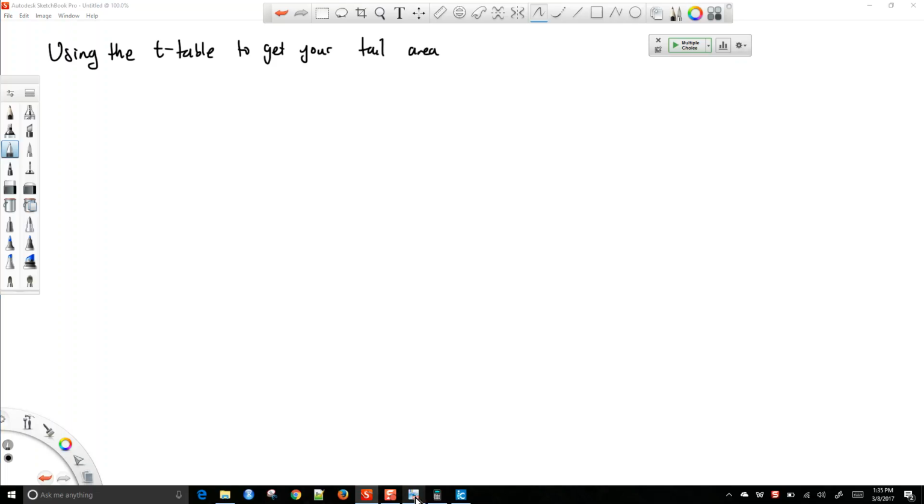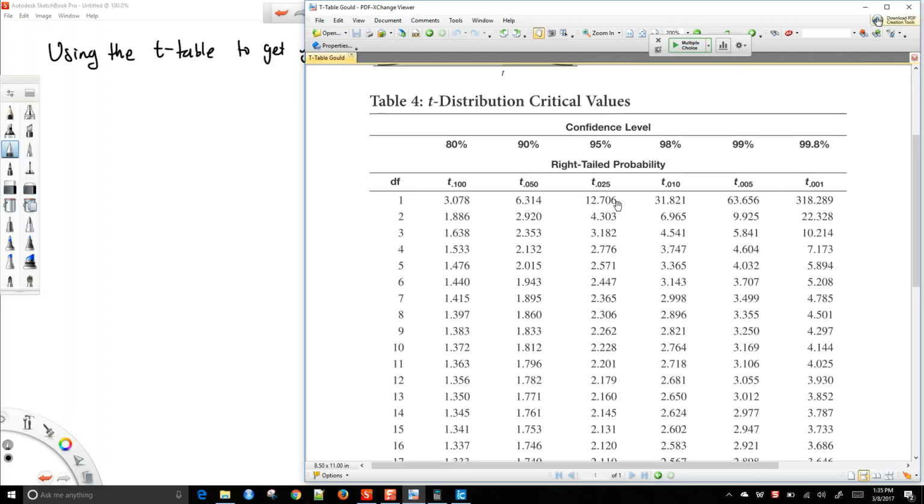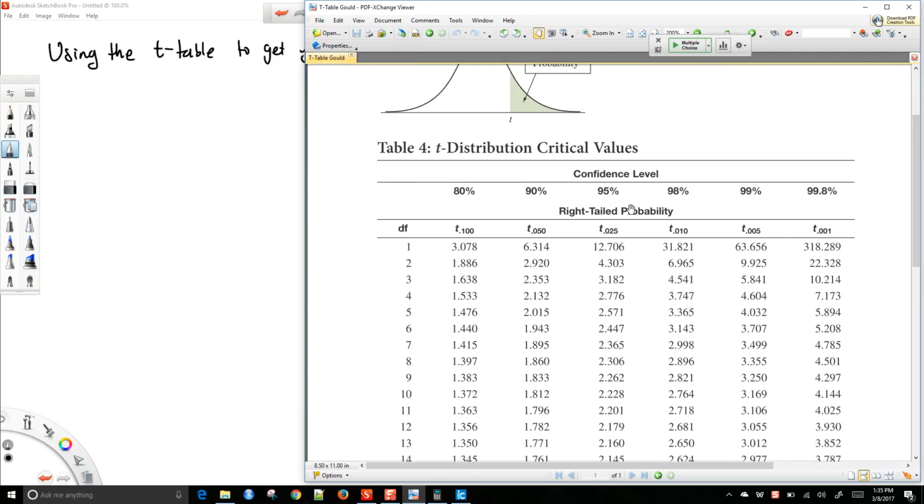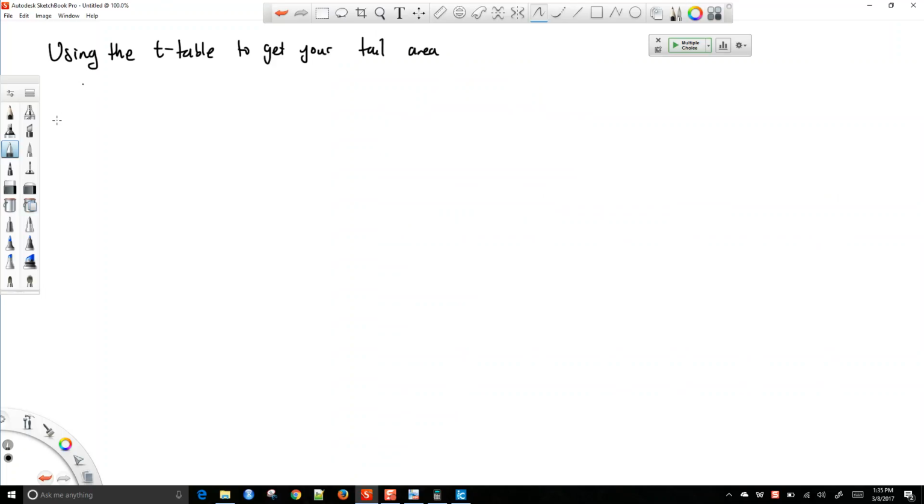Okay, so you'll notice at the top of the table it says right tail probability, okay? All right, so anyway, what we do is first we figure out how many degrees of freedom we have. So figure out your degrees of freedom. Okay, and degrees of freedom is n minus 1.